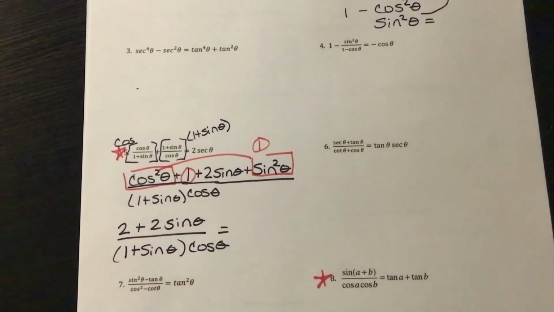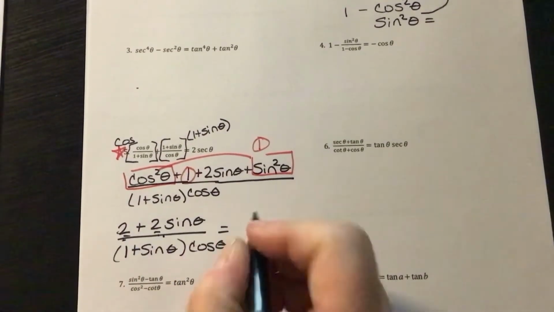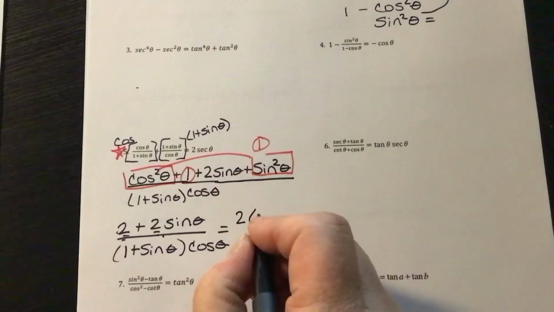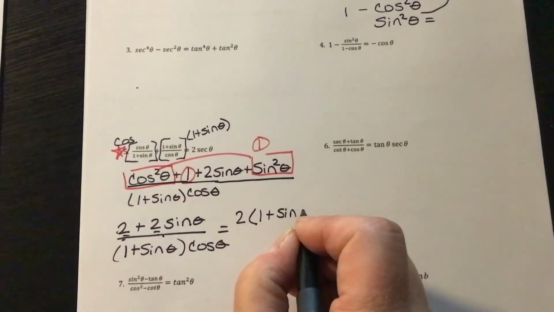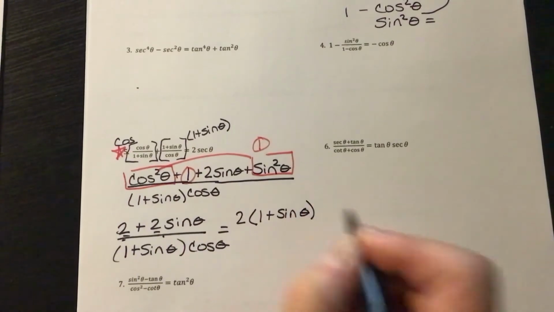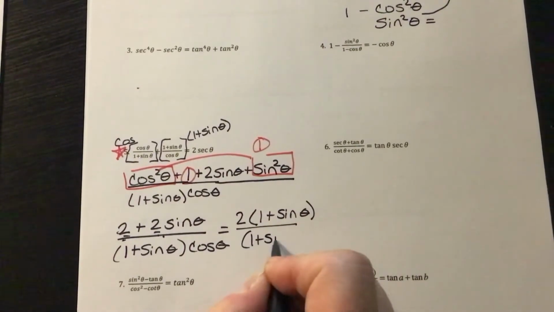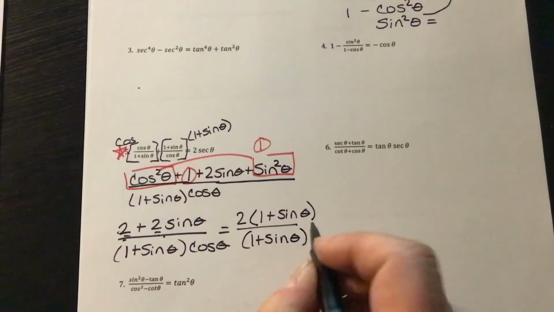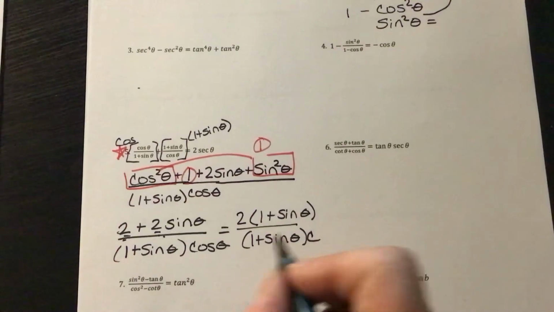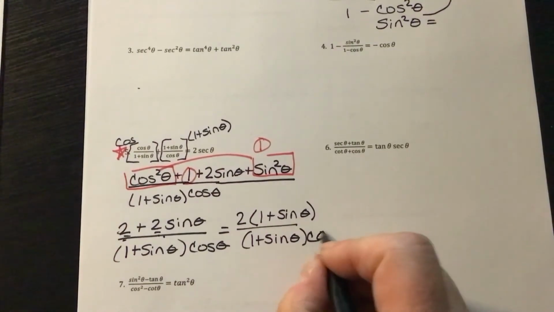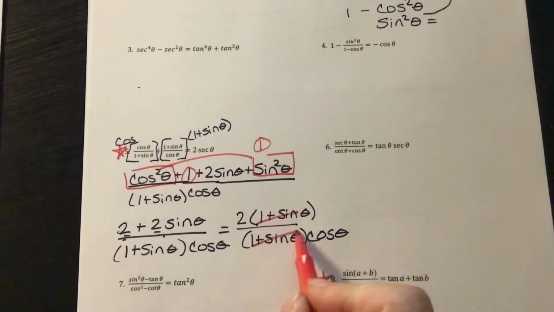And on the top, I have a 2 in common in each of these terms. So I'm going to factor out that 2, and that gives me 1 plus sine theta. And I will be able to cancel a factor of 1 plus sine theta on top and on bottom. So here we go.